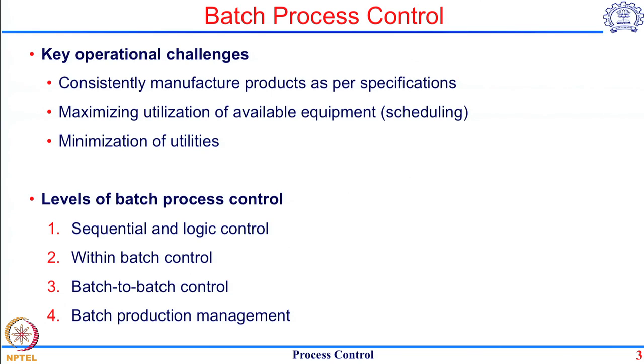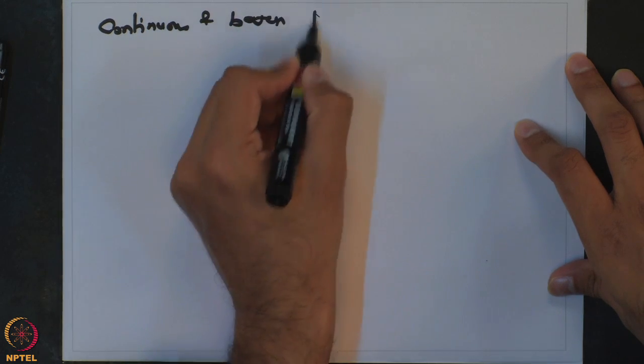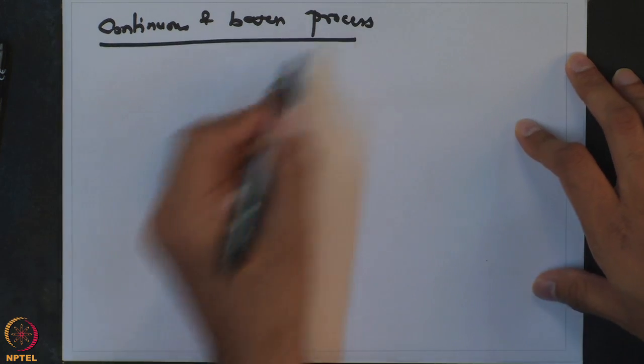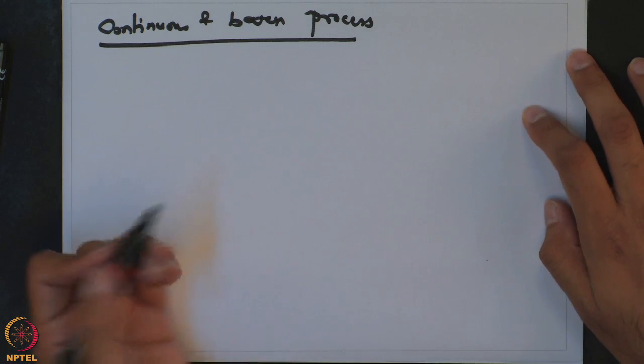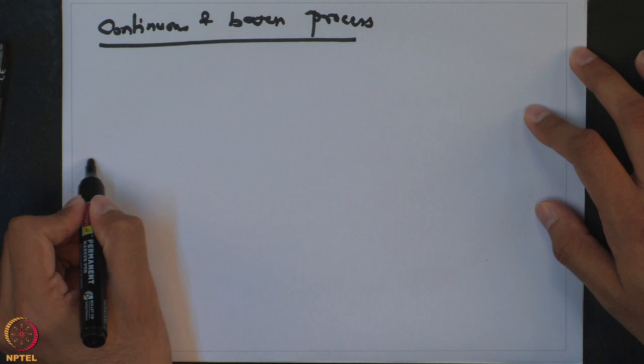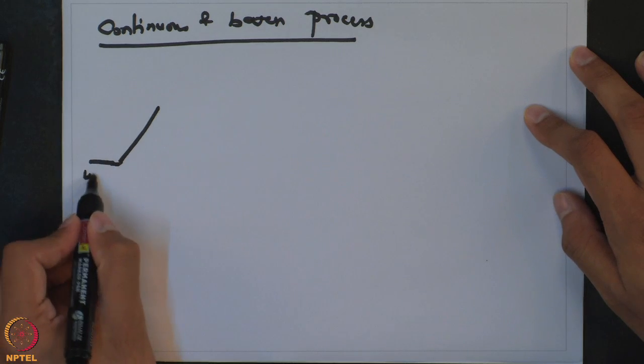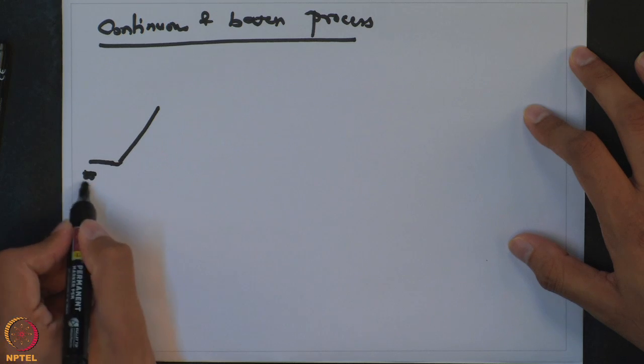In terms of how batch processes differ from a continuous process, the main difference is that there is frequent startup and shutdown in a batch process. Let us compare a batch and a continuous process. In the continuous process, let us say a refinery or any petrochemical operation, you typically have a startup of that particular process, when things are, let us say, warm, or you can say a dry start.